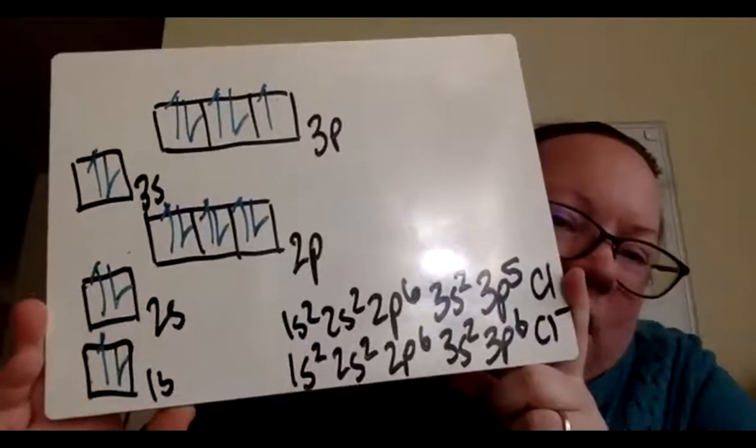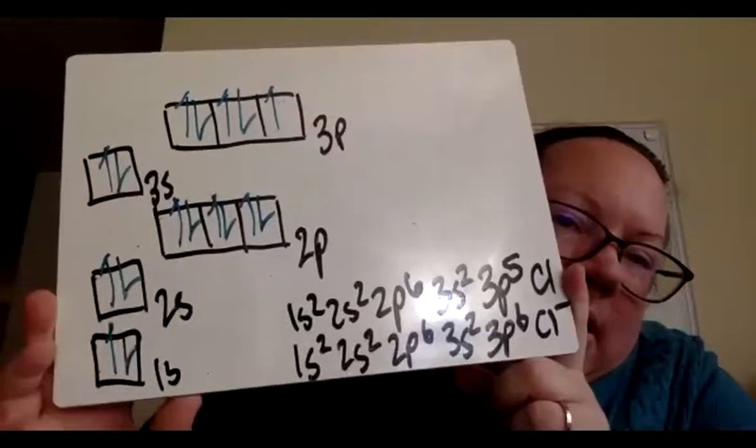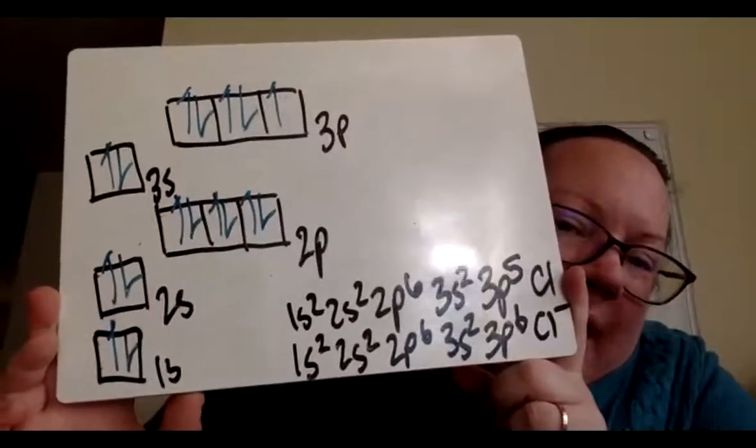I got the first one. Yeah? So when it's Cl minus, you add one to it. So if it's an anion, you're adding an electron. If it's a cation, you're taking an electron away. If it's an anion, you're adding an electron. Okay. Great question.